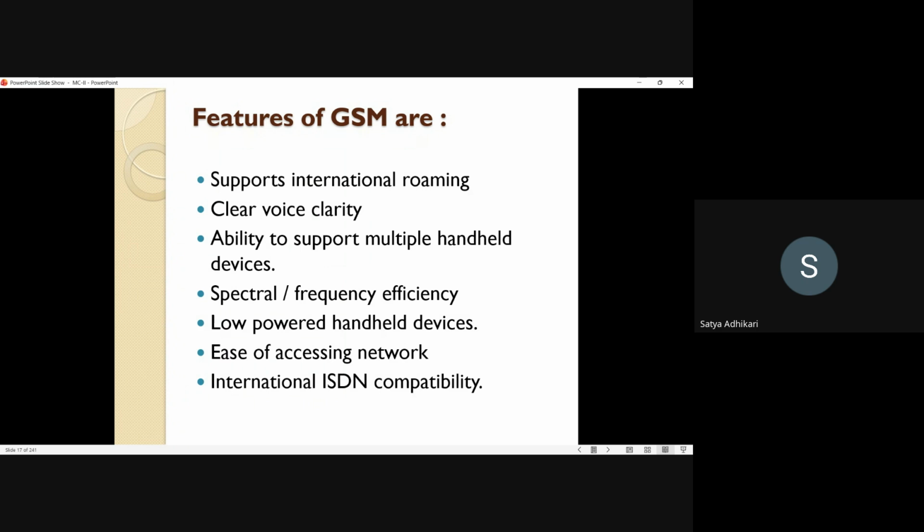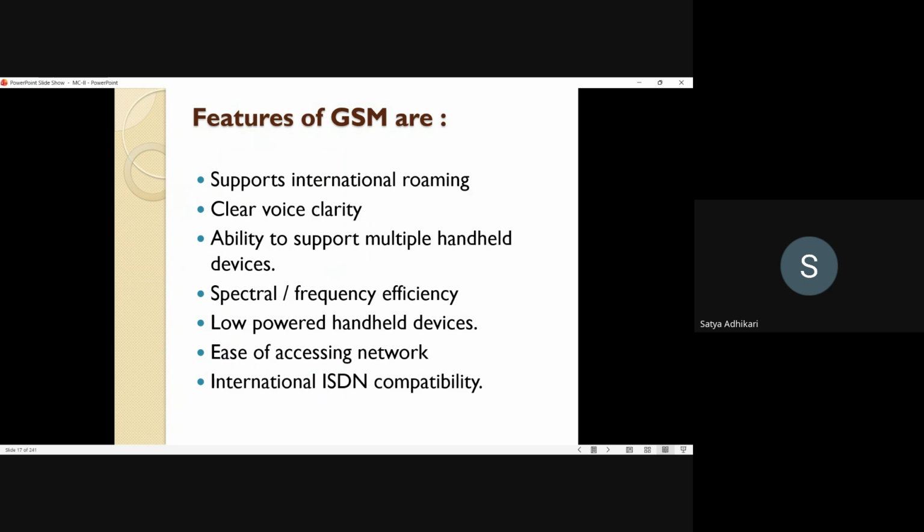It supports international roaming and clear voice clarity. These are some features.